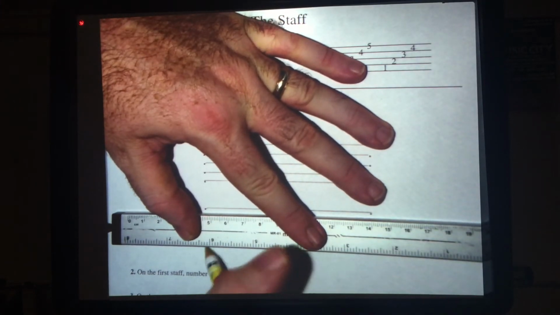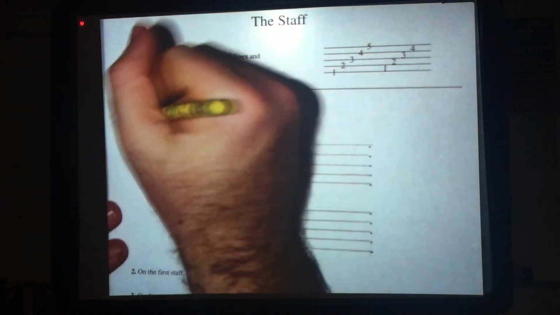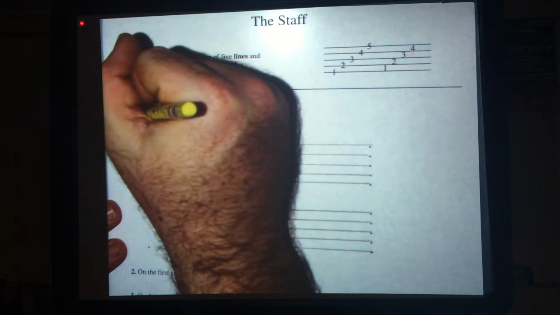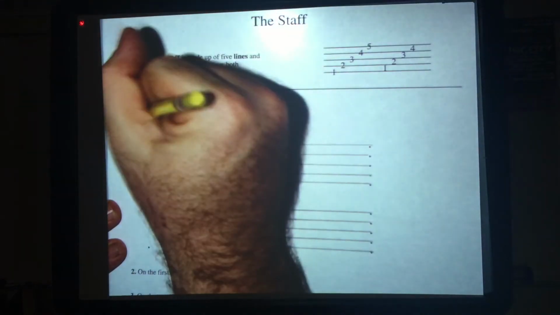Last one. Done. Put a check over here. If you're doing this at home, which you should be, you can tell it won't take you very long.